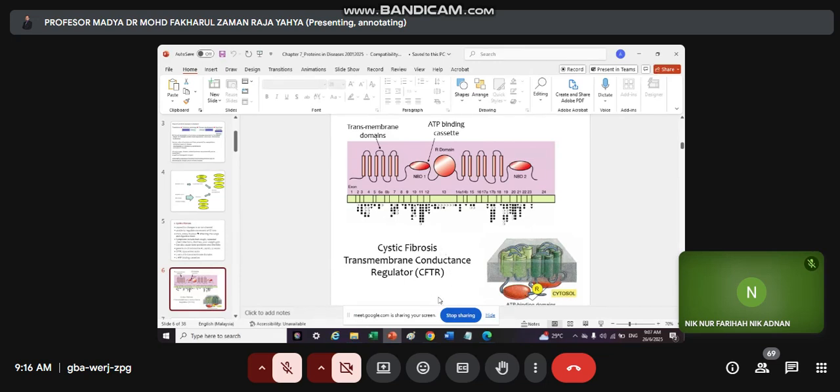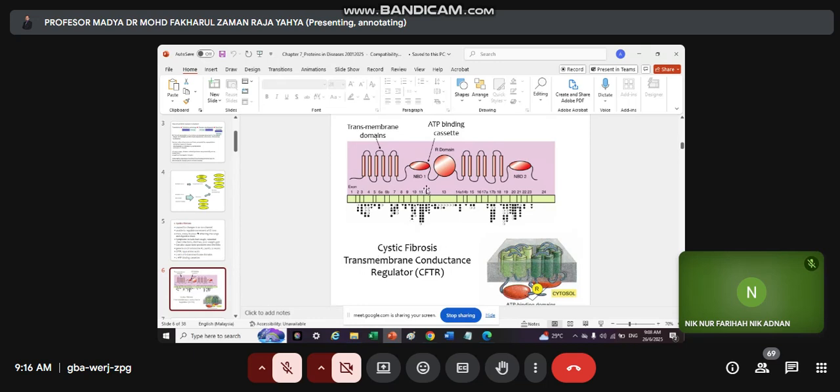Actually, CFTR is expressed and also functional in normal condition. It helps in regulating the flow of ions and water. But when defects or mutation happen on this kind of protein, sticky and thick mucus can develop.